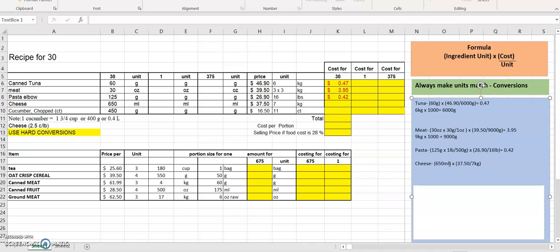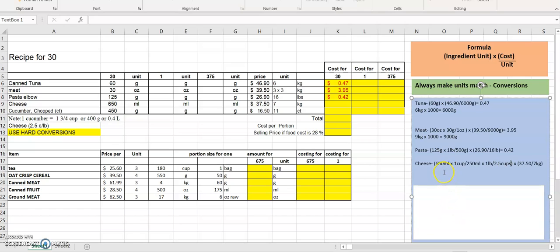We know that 650 milliliters, and 250 milliliters is in 1 cup, so we're going to multiply that by 1 cup for every 250 milliliters. And now we can put in our weight equivalency. It's telling us that 1 pound is equal to 2.5 cups.